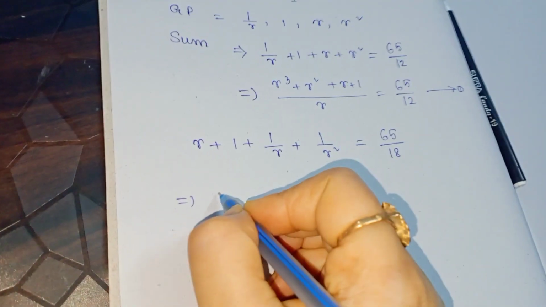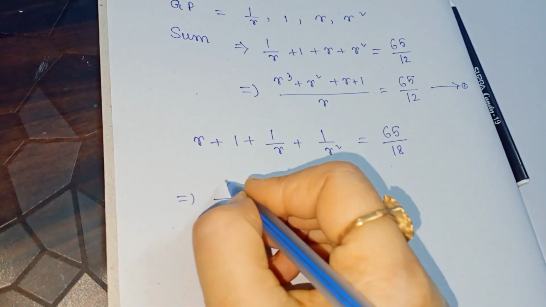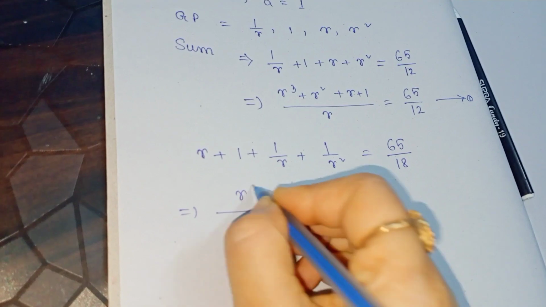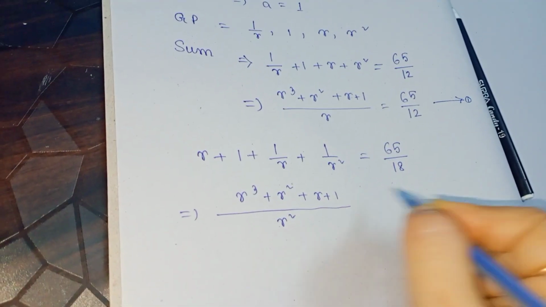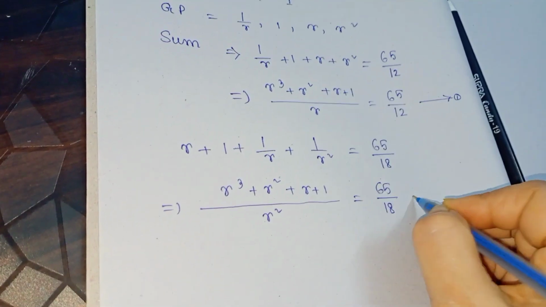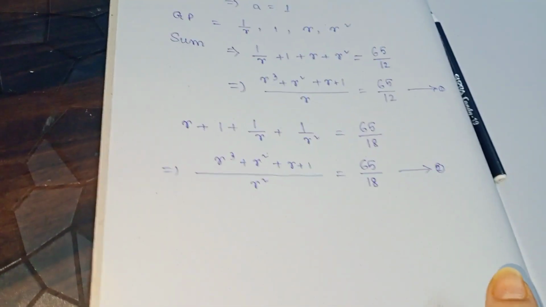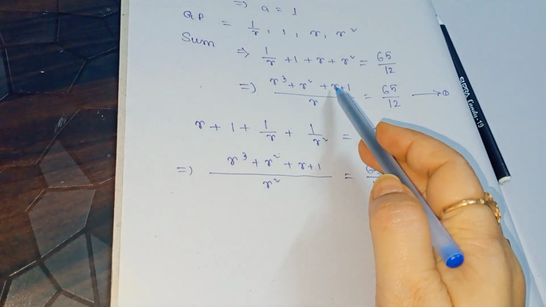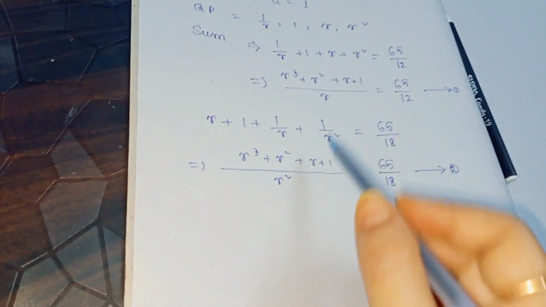That implies R square is common and it is also R cube plus R square plus R plus 1, that is equal to 65 by 18. This is equation 2. So it is seen that the numerators of these two equations are common.